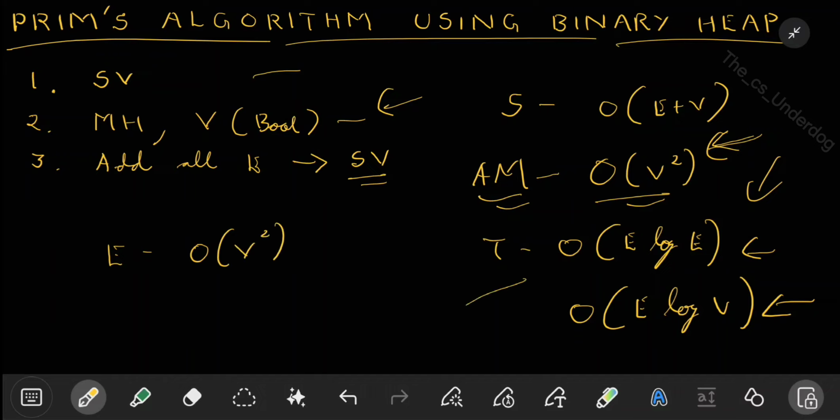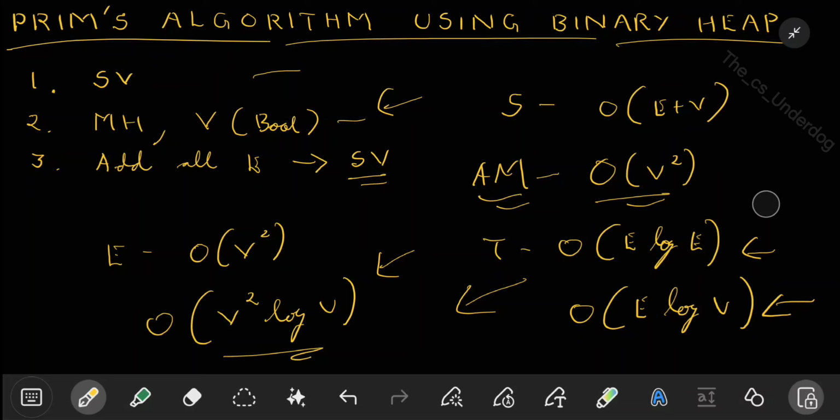So if you use an order of E log E algorithm, that will be order of V square log V. So in such cases, when you have a dense graph, it is better to go with adjacency matrix representation and use order of V square time complexity, because V square log V is even larger. So using V square time complexity with adjacency matrix representation is better in such cases.